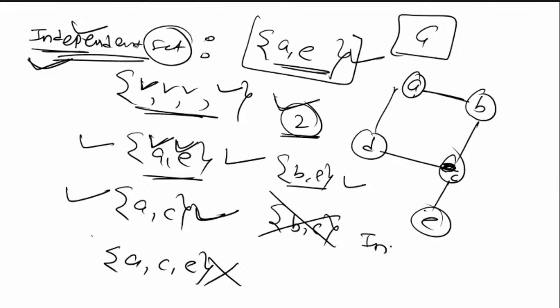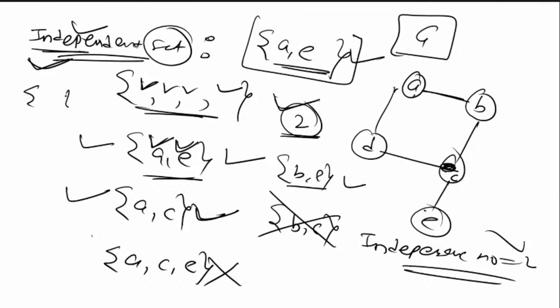So this is the independence number, and that is equal to 2. This is the definition: independence number means the cardinality of the maximum independent set. Whatever maximum independent set you can make, remember, the smaller ones are also independent sets, since independent set means no pair of vertices is adjacent.